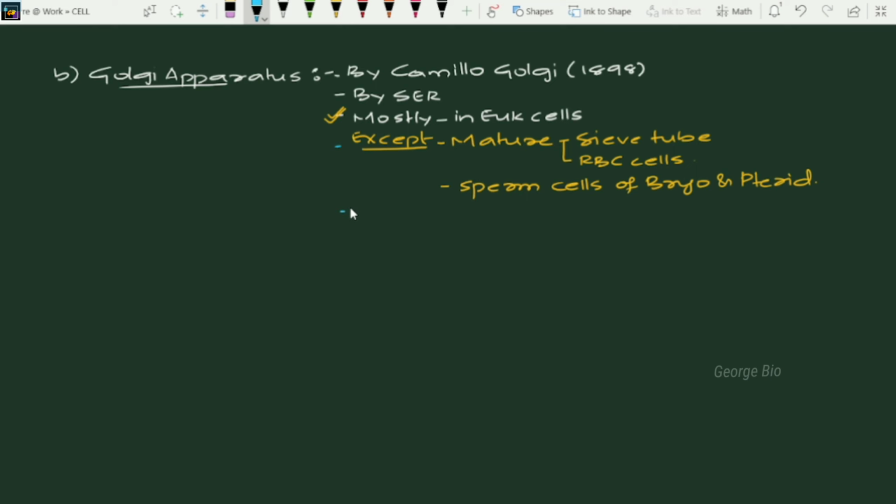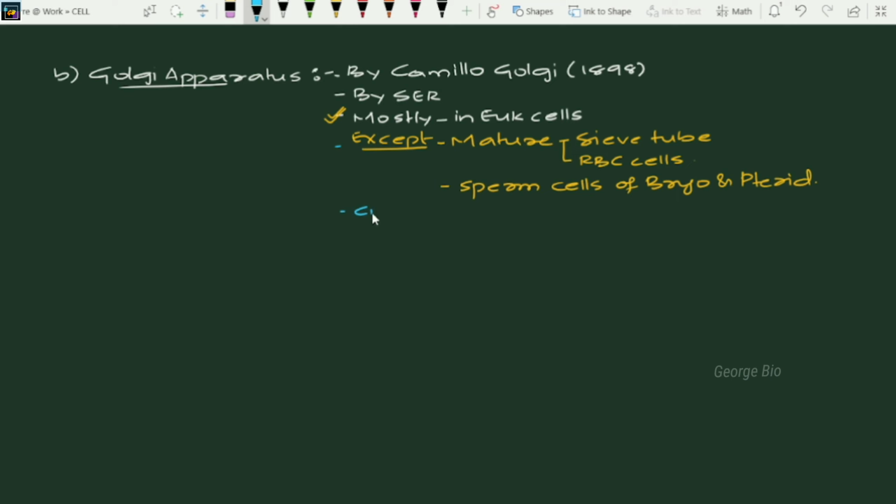Now this Golgi apparatus has a similar structure when compared to endoplasmic reticulum. They also consist of cisternae, vesicles and tubules. But the cisternae of Golgi apparatus in case of plants are also sac-like structures, but they don't have an interconnected system.